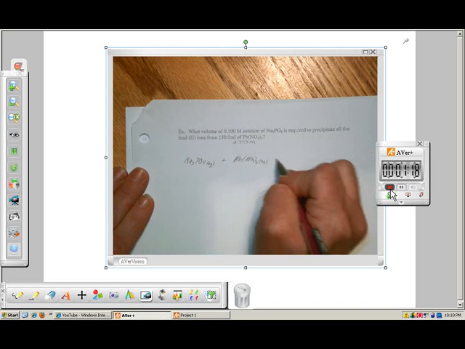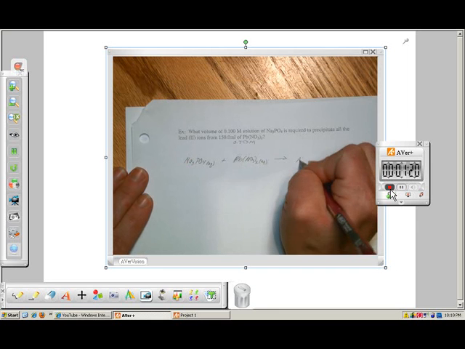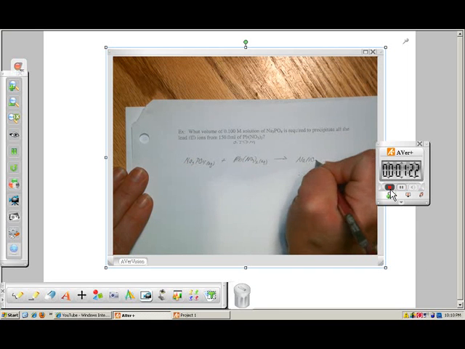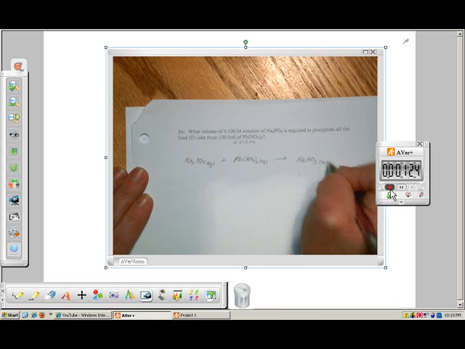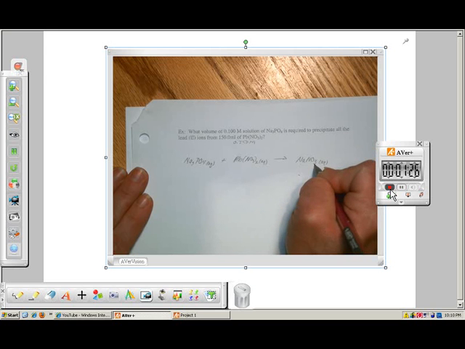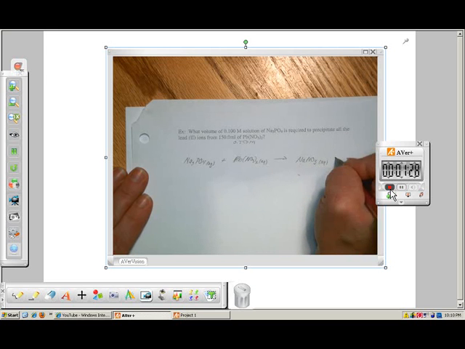This is a double placement reaction where we will form sodium nitrate, which will be soluble because of the sodium and nitrate composition, and lead 2 phosphate as our precipitate, following the solubility rules.